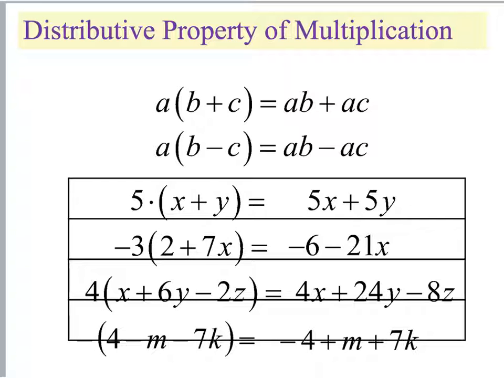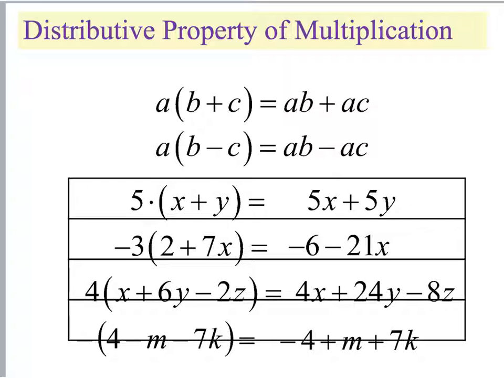Now we go on to the distributive property of multiplication. The distributive property of multiplication means that if we have any number outside of parentheses, we distribute it to all of the terms that are inside the parentheses. So our first example right there is a times the quantity b plus c, and that would distribute out to be ab plus ac.